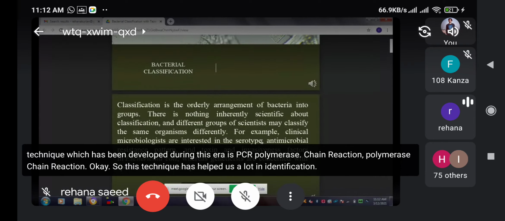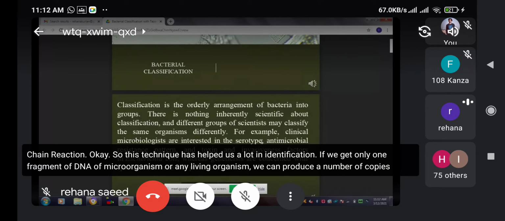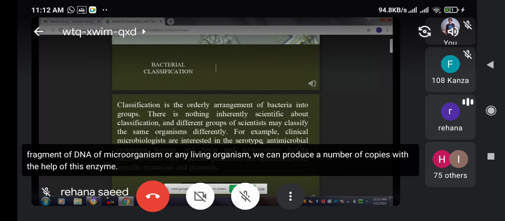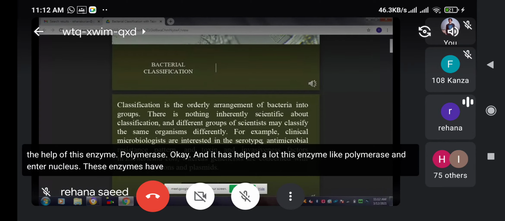If we get only one fragment of DNA of a microorganism or any living organism, we can produce a number of copies with the help of the enzyme polymerase. Enzymes like polymerase and endonuclease have helped us a lot in genetic engineering also.